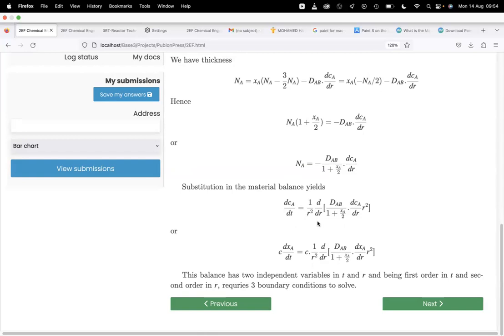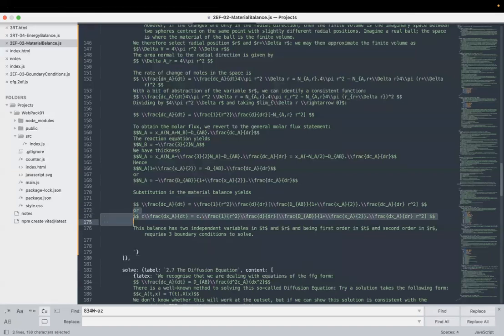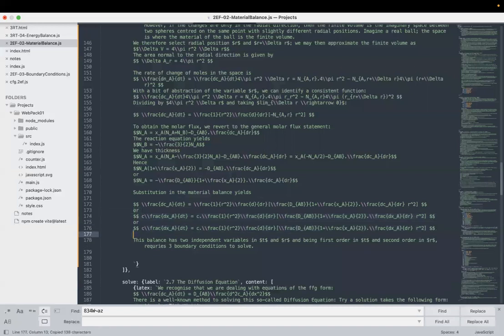And then here, we haven't disturbed any of this, but this CA we can rewrite as total concentration C times XA. So we can split off a C here and rewrite this part as dXA/dr. So these two C's can cancel, and that leaves us with the better form in just one variable. So it's going to look like that.